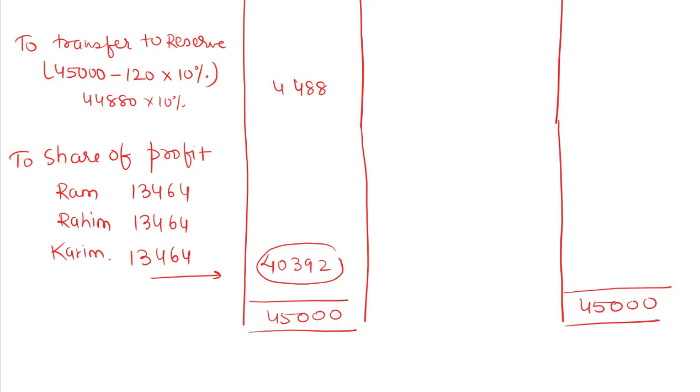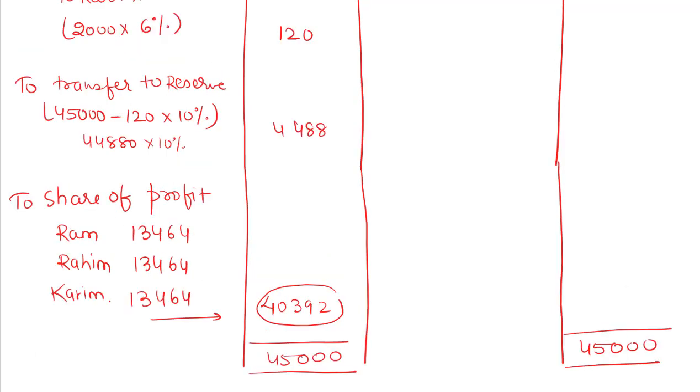This profit is to be distributed equally between Ram, Rahim and Kareem. I believe you understood. Let's move ahead.